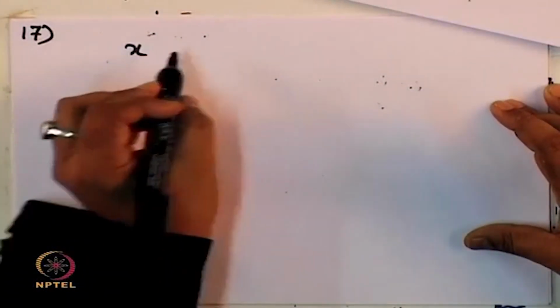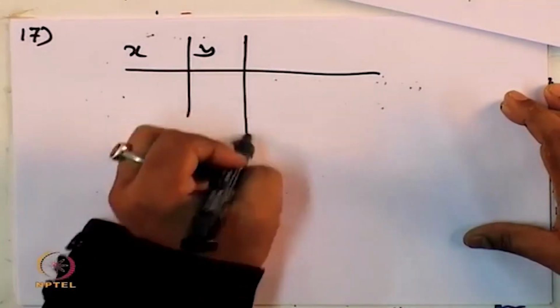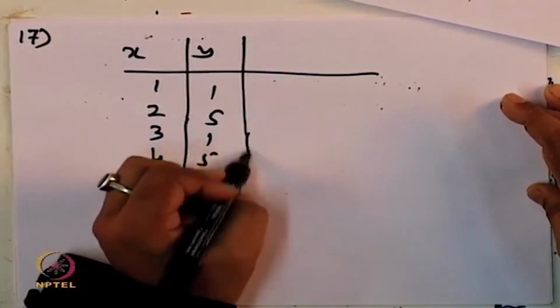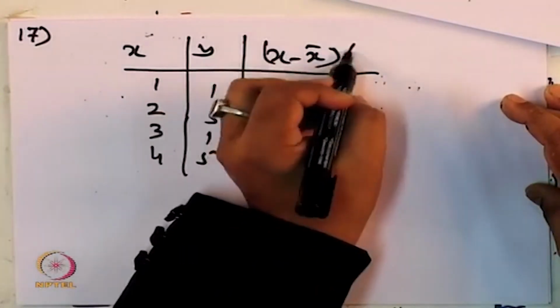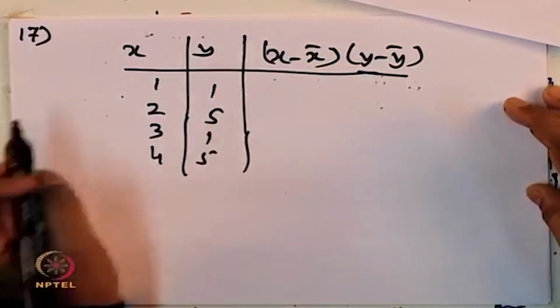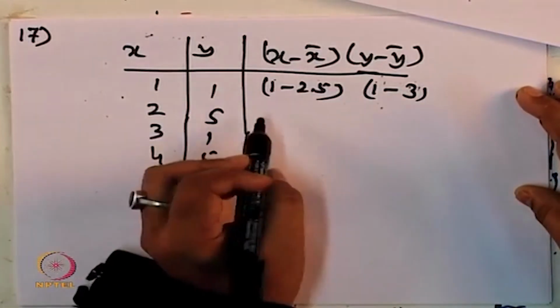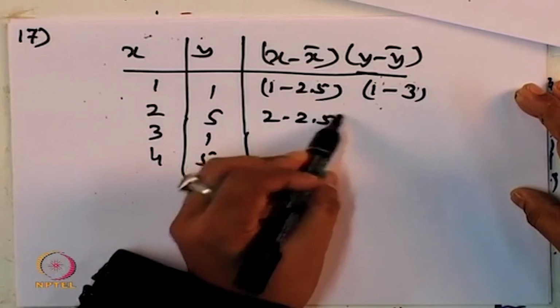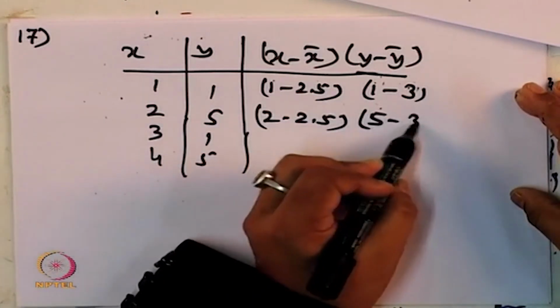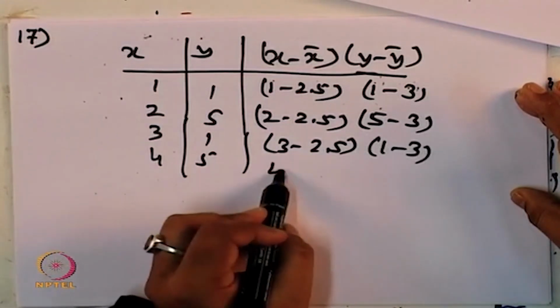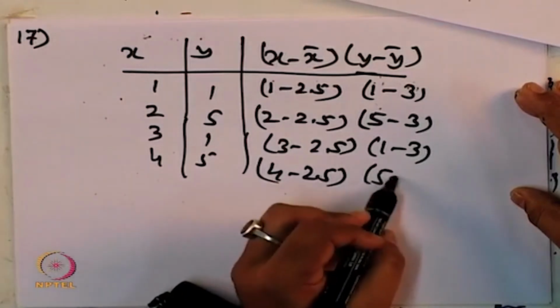Okay. So, let us take another piece of page. Okay. So, we have x, we have y, 1, 2, 3, 4 and 1, 5, 1, 5, and x bar. So, 1 minus 2.5 into 1 minus 3, okay, 2 minus 2.5 into 5 minus 3, 3 minus 2.5 into 1 minus 3, 4 minus 2.5 into 5 minus 3.